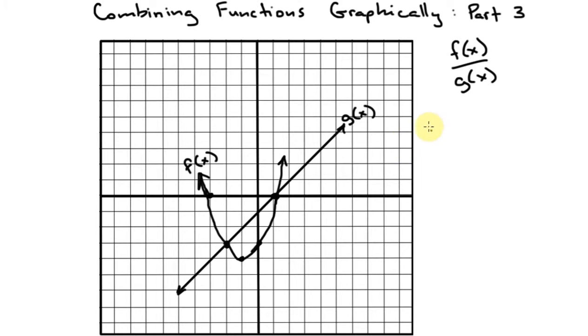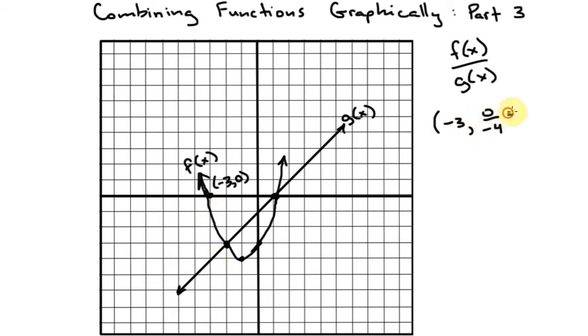One is, we could get a whole bunch of points. Let's start at -3 and figure out what the y value of this combined function would be. The y value for f is 0, the point -3, 0. So we have 0 divided by the y value of g, which looks like -4.